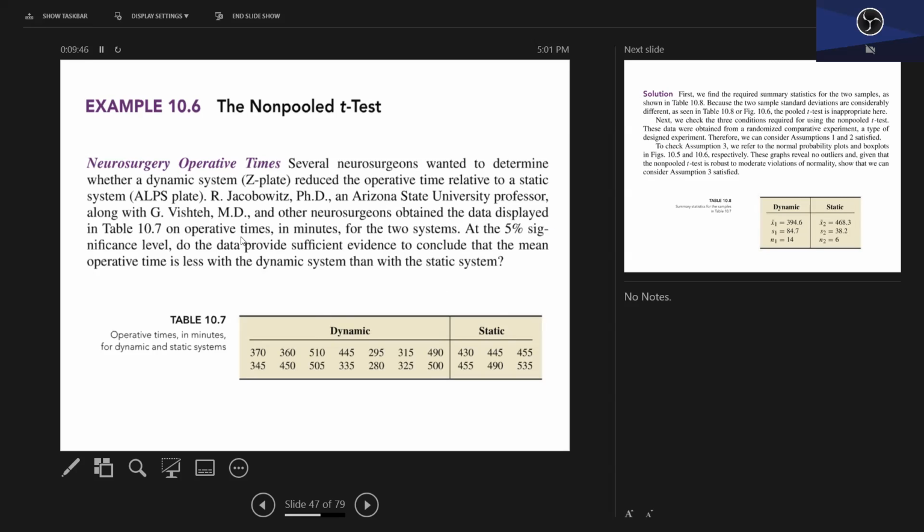Those are operative times in minutes for two systems. One system is called the dynamic system, another the static system. And the question is, at the 5% significance level, do the data provide sufficient evidence to conclude that the mean operative time is less with the dynamic system than with the static system?